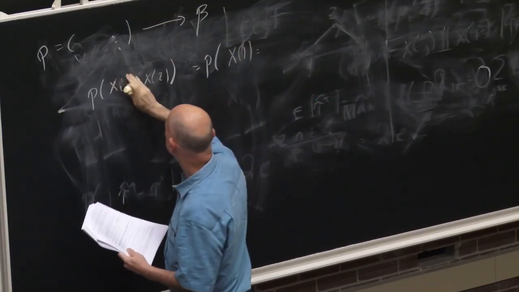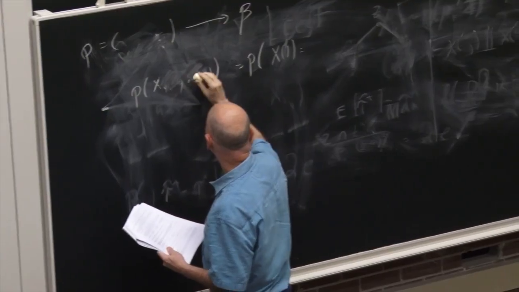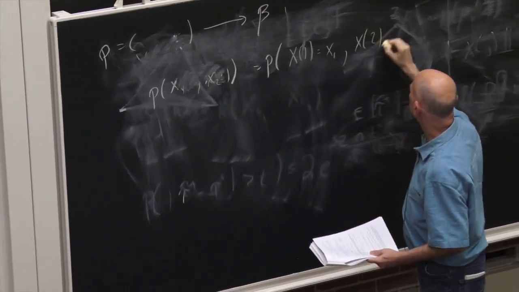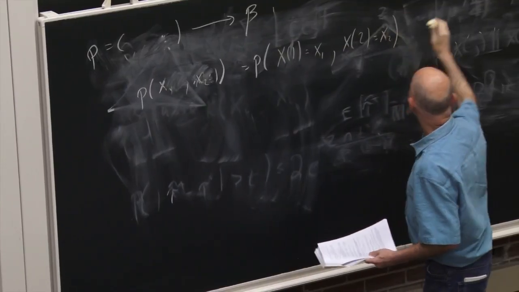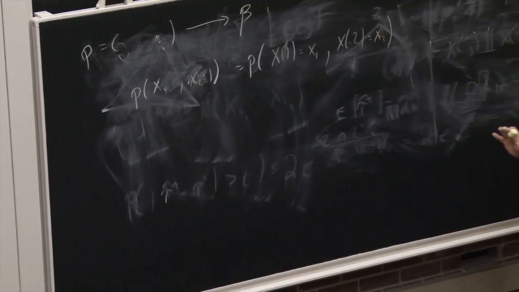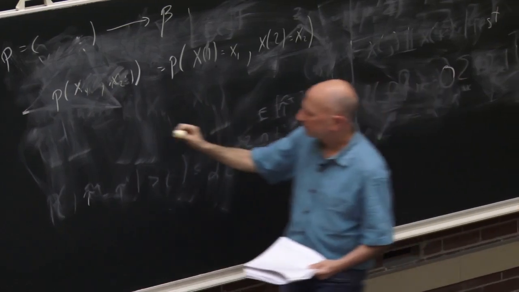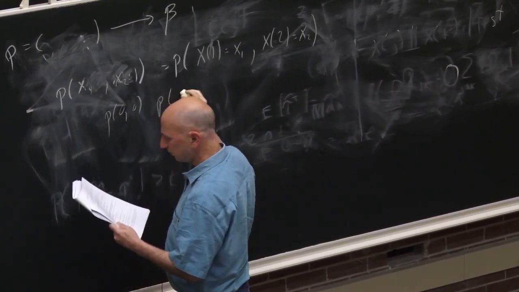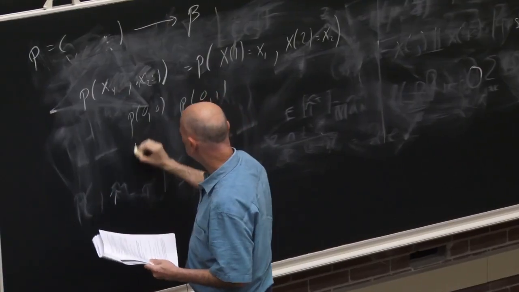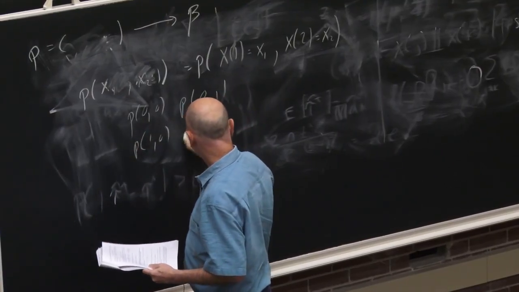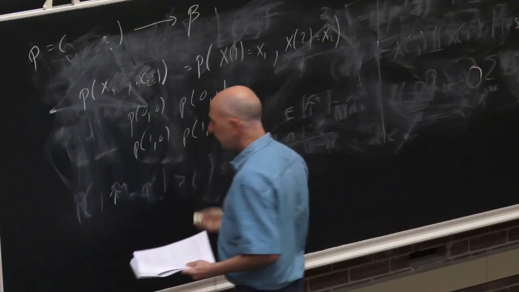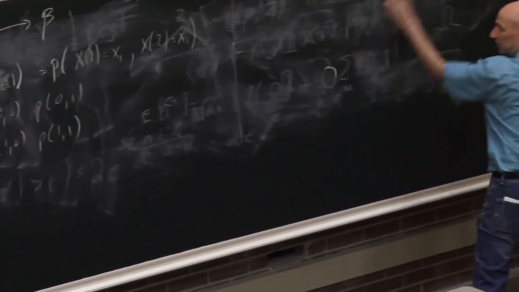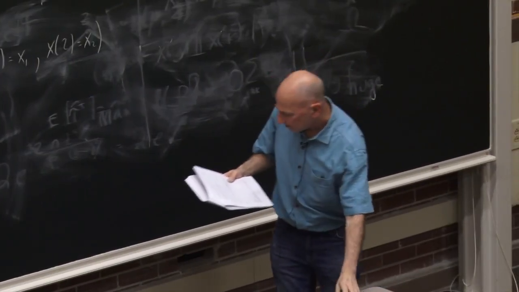Let me get lazy and start writing it like this. It's only 4 possible numbers: P0,0, I'll put them in table form, P0,1. Now here comes the trick, which is trivial in this case, but starts to get a bit more complicated when we get to more variables.